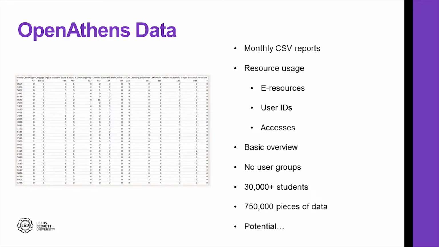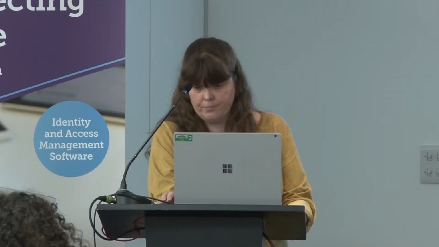So this gave us a basic overview of e-resource usage, but we couldn't identify different user groups within that because we only passed the user IDs. Also, manually, it's far too much to look at. We have over 30,000 students and up to 750,000 pieces of data each month in one of these reports. So I started thinking about how I could demonstrate its potential to my stakeholders.